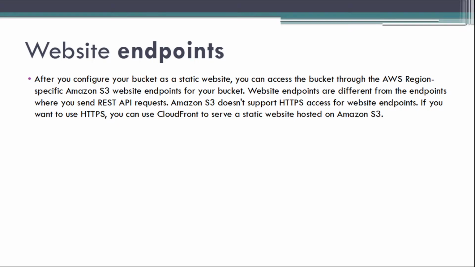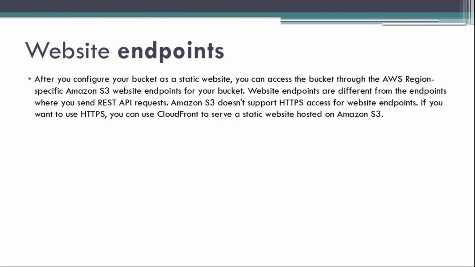Website endpoints are different from the endpoints where you send REST API requests. Amazon S3 doesn't support HTTPS access for website endpoints. If you want to use HTTPS, you can use CloudFront to serve a static website hosted on Amazon S3.